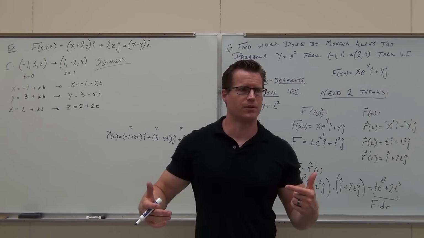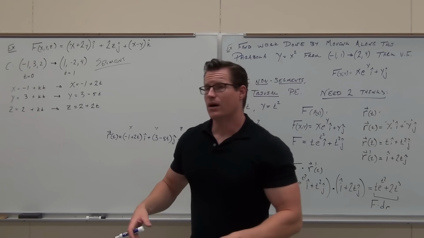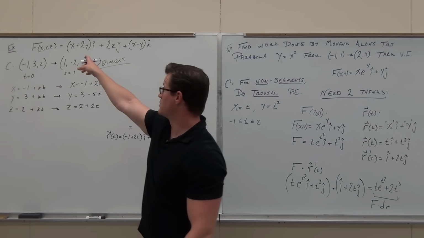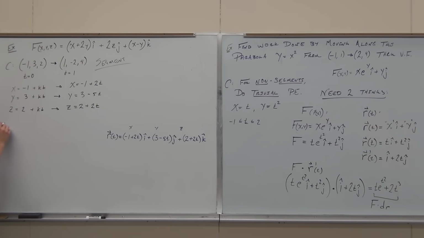Head down if you're all right with that one. Left side, right side, are you guys okay with it? Now, I'm going to write it down, but can you tell me what this would be if I reparameterize?